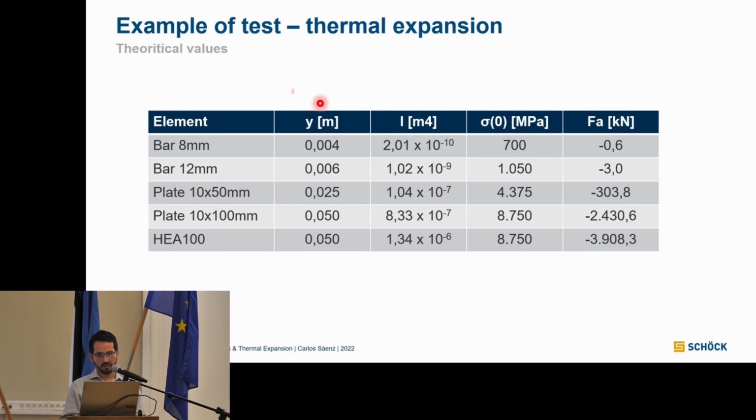Again, those are theoretical values, right? Let's say for this plate of 10 by 50, you get a force of 300 kilonewtons in our concrete. This most probably won't happen, because at some point the concrete will crack and that tension will be released. So you won't reach this value.